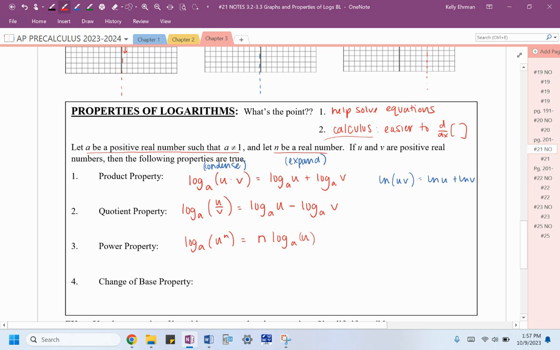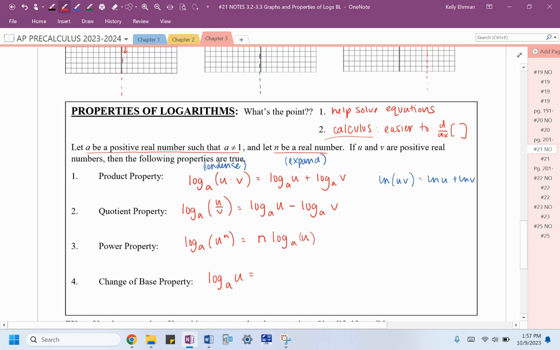And then finally, the change of base formula. If we have the log base A of U, this will help with simplifying problems. The proof for this we'll go back and do when we get to solving problems, but for now we're just going to use it.